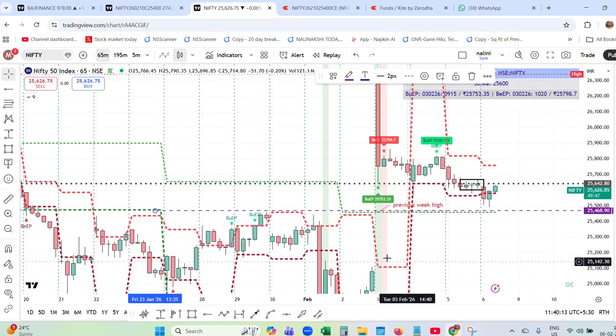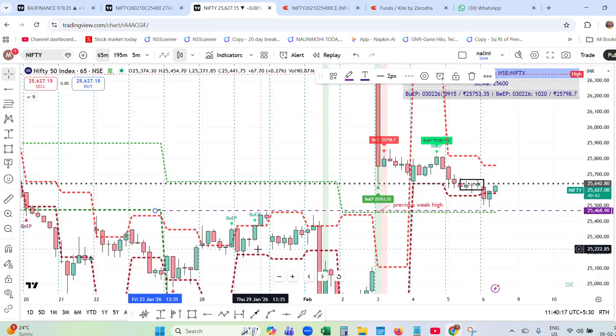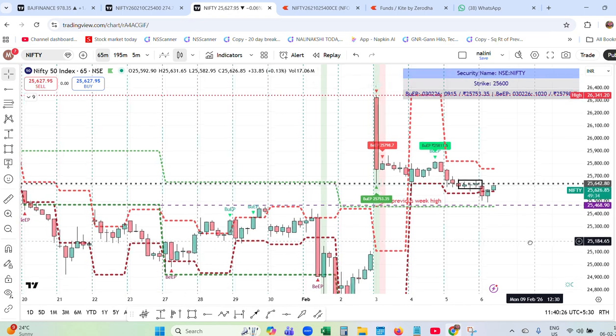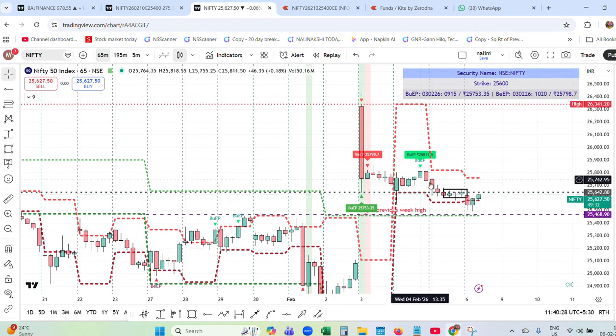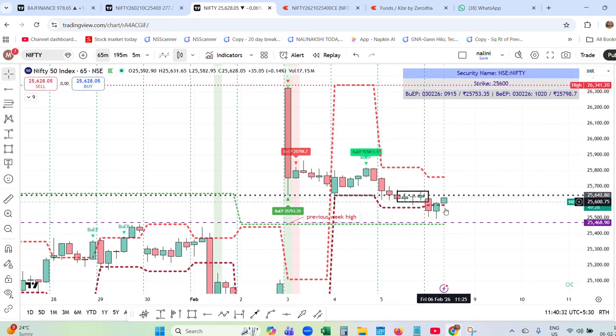So that's why this was the level, and my EP indicator was plotting bullish EP. From there, transition to the downside, and the market gapped up. So on retesting of this level, the market will try to reverse.